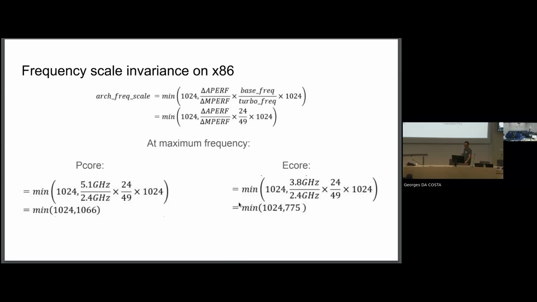And now, if we were to examine the behavior of this scaling when running at max frequency, it will look like this. Meaning that if the A-perf counter were counting at a rate of 5.1 gigahertz, and the base frequency for the ratio will be 2.5 gigahertz, and we do this math, we will see that the frequency scaling of the P-core can go from 0 to 1066.